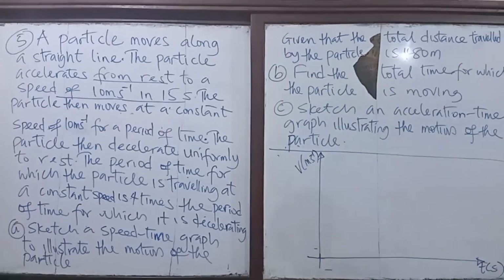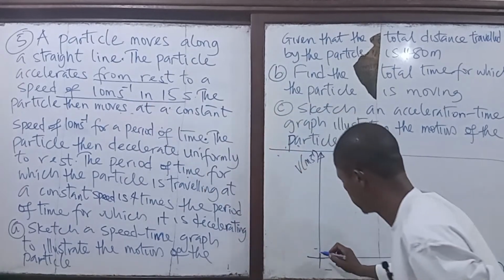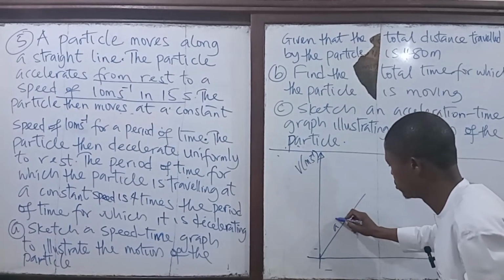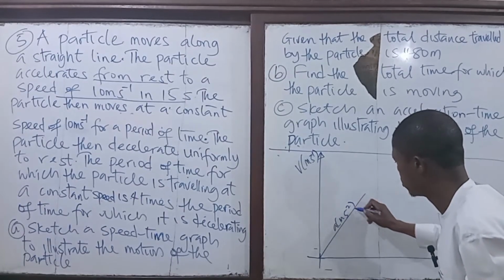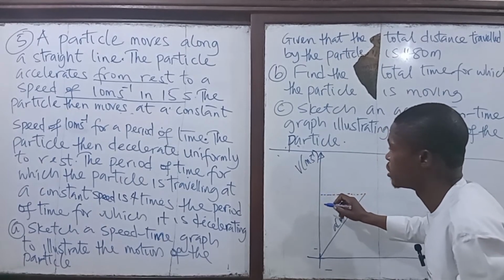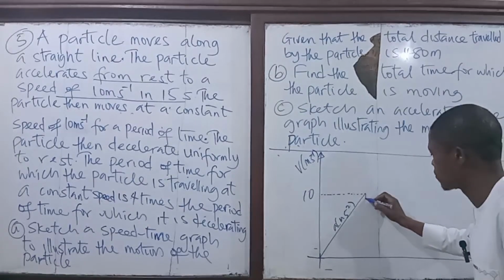The particle accelerates from rest to a speed of 10 meters per second. This is the place of acceleration from rest, that's the acceleration in meters per second squared, to a speed of 10 meters per second in 15 seconds.